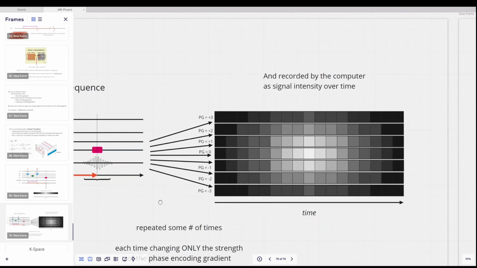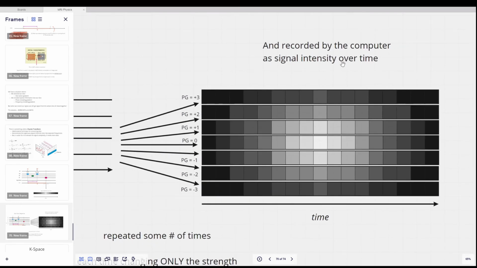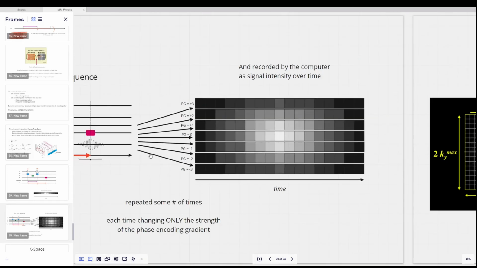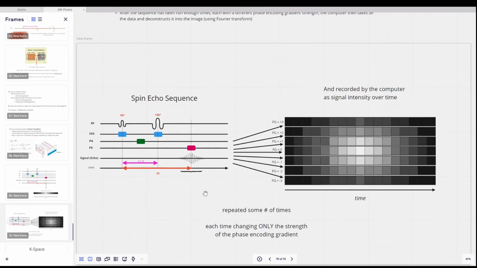And this is important. We said the computer needs more data to be able to run that Fourier transform, and this is how we give it more data. We do the same thing over and over again, but we just tweak the phase encoding gradient each time. It's like the difference between taking a picture of a three-dimensional object from one view, which gives you some sense maybe of what that object is like, but if you wanted to really know what that object looks like and create a model of it, you would want to take pictures from multiple different angles.